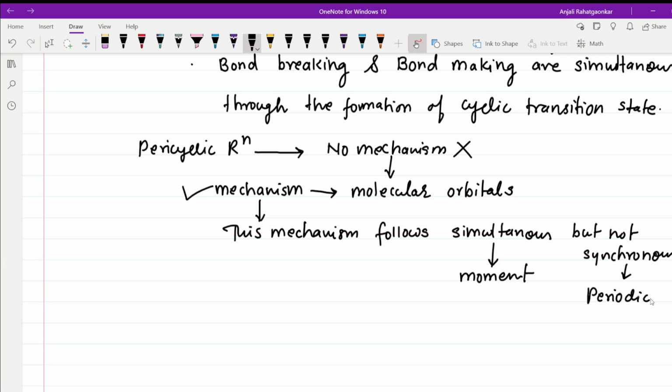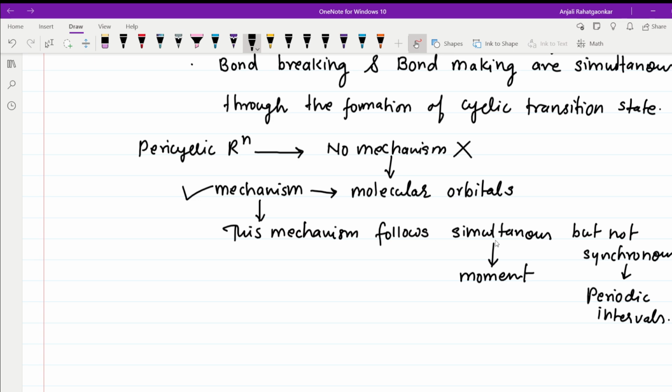So this term correlates with the periodic interval, and the term simultaneous correlates with the moment where both the phenomena are happening, that is bond breaking and bond making.